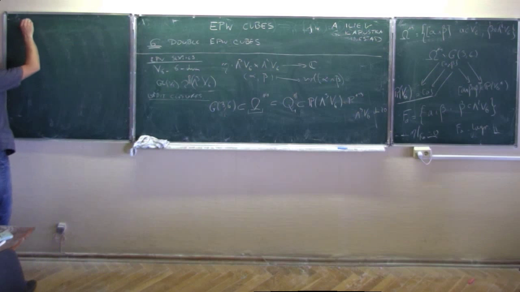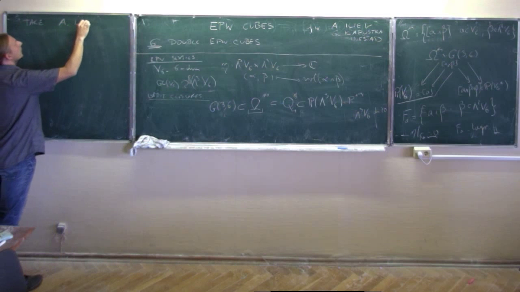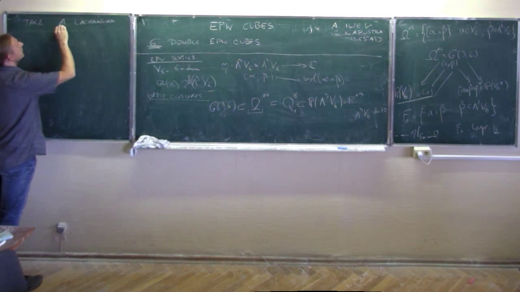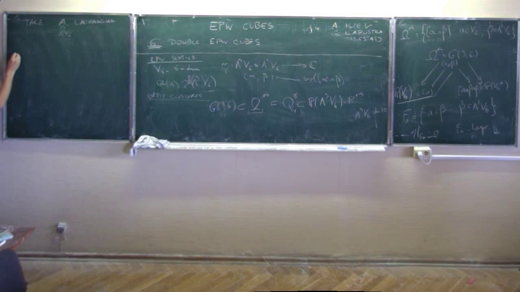So take a Lagrangian A inside wedge 3 V6, and now we can consider the Lagrangian degeneracy locus corresponding to this family. So we consider inside P5 the parameter space of our family.